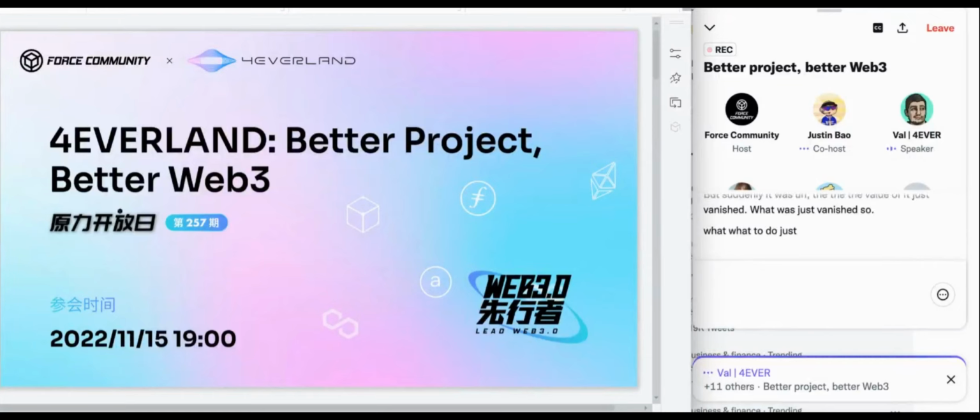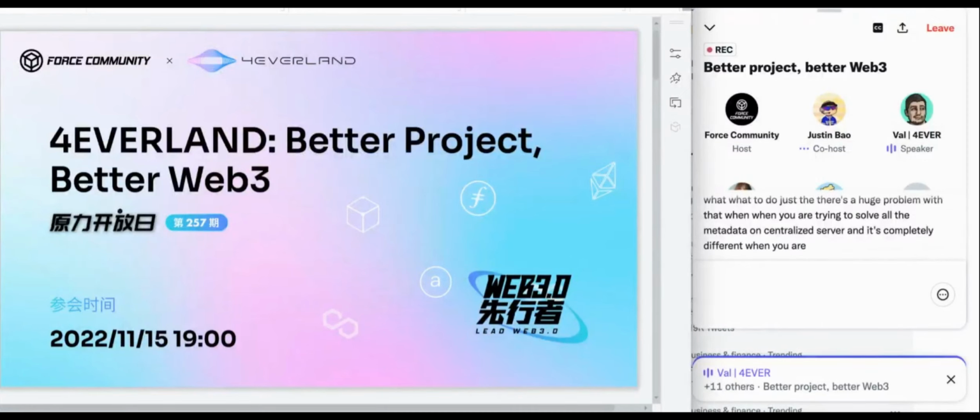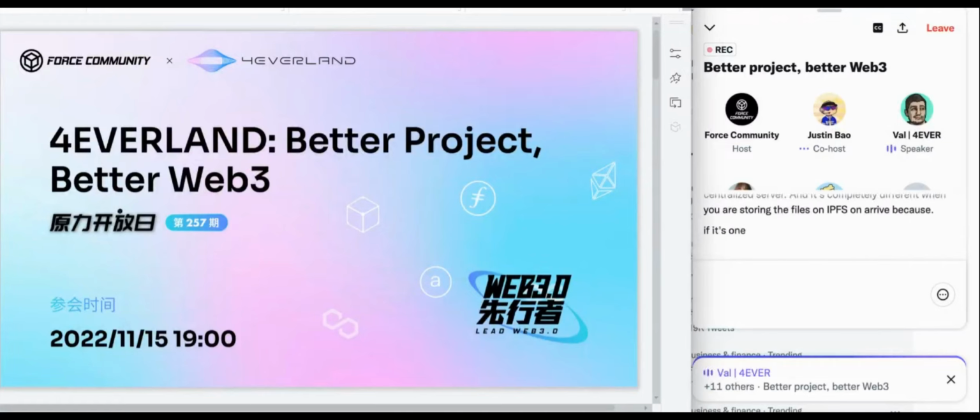So what to do? There's a huge problem when you store all the metadata on a centralized server, and it's completely different when you store the files on IPFS or Arweave. Once stored on IPFS, it won't be changed, because the owner and the creator of this NFT do not have any opportunity to change the CID, the content ID, on IPFS.